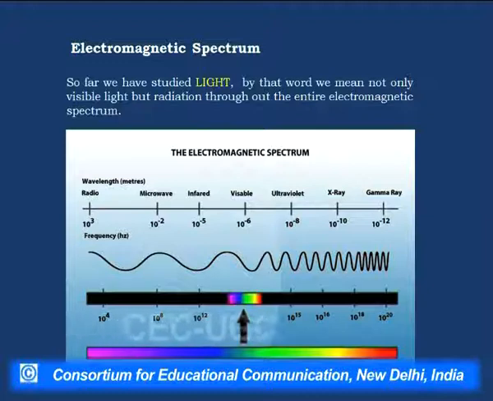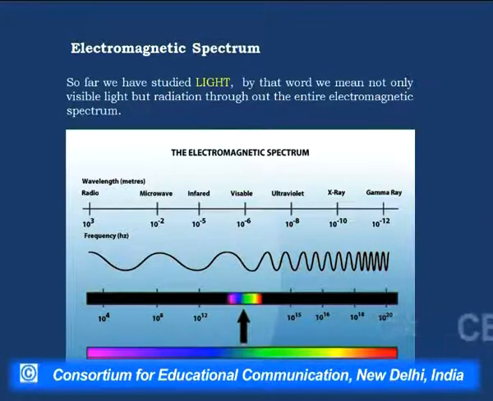This electromagnetic spectrum starts from radio waves, then microwaves, infrared, visible, ultraviolet, X-rays, and gamma rays. The wavelength of radio waves is quite large, of the order of kilometers. Then microwave, it's of centimeter. As we move towards the gamma ray side, the frequency increases or the energy increases.